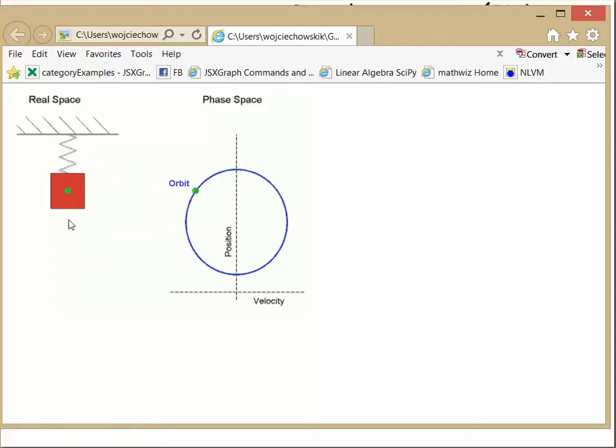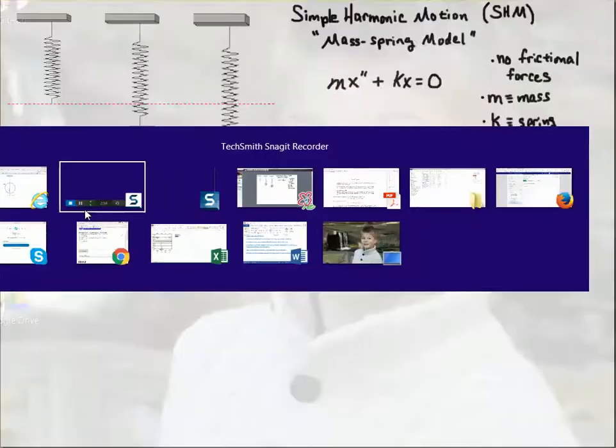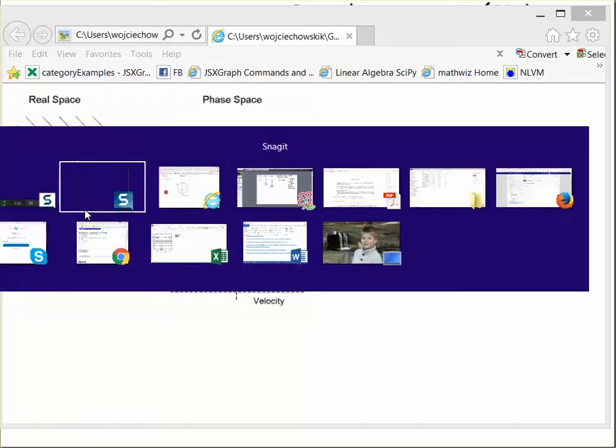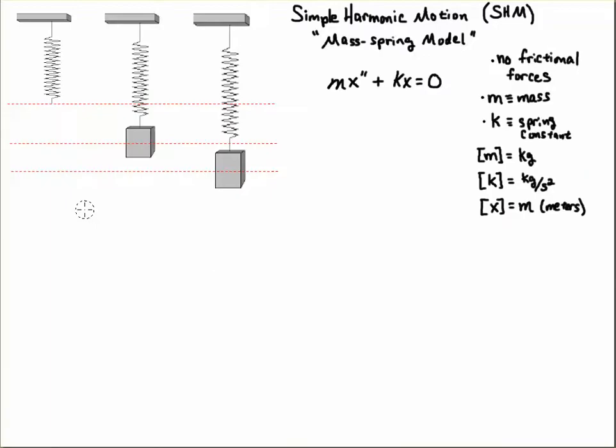You will have captured all of the forces contained in this model, and you would have essentially gotten the derivation of this model. We don't have any air resistance in this case, so the block, as in this animation, just keeps bouncing up and down forever. So let's go back to my diagram here.